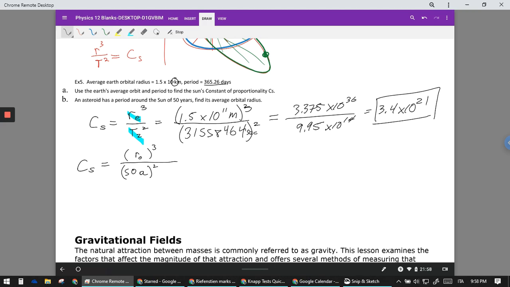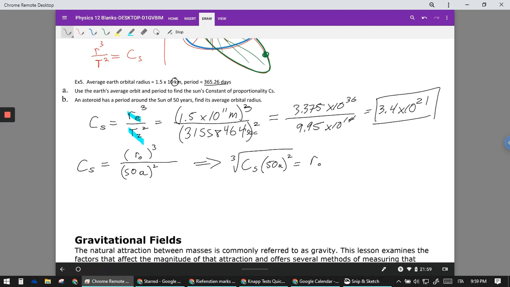And so essentially I'm going to solve for it using a little bit of algebra, and we all like algebra. So it's the constant of proportionality of the sun times 50 years squared should equal the average orbital radius cubed, all that side.